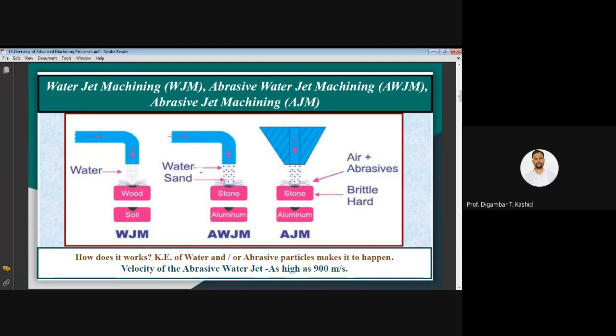But if you want to remove material of higher hardness, then, because fiber has very low thickness, we can go for using another material.